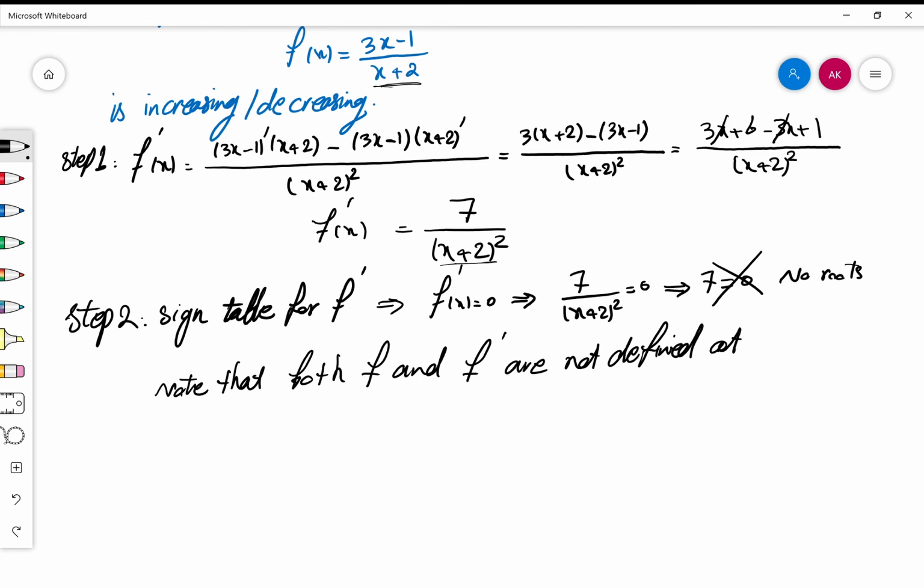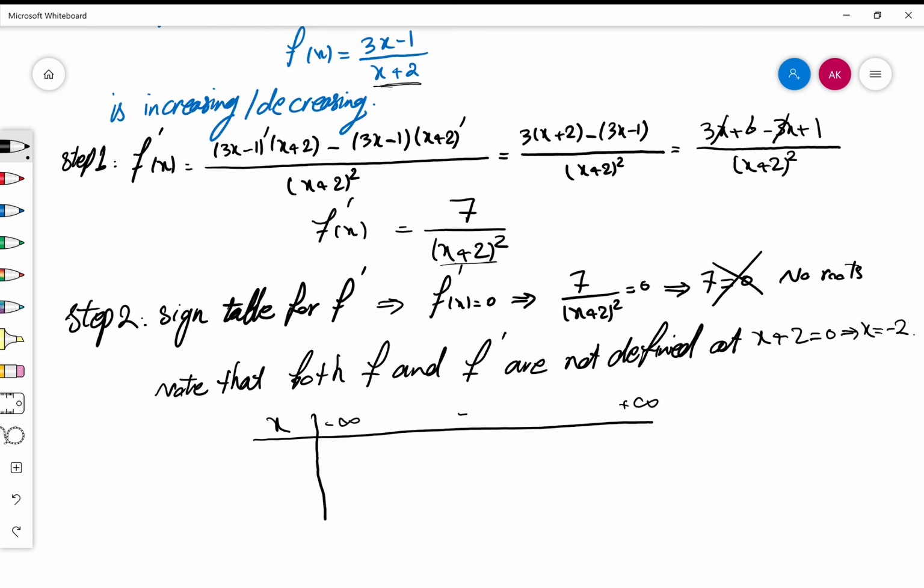At whatever makes the denominator 0, which is -2. So we have to take into account x equal to -2 when we are trying to find the sign table for this function.